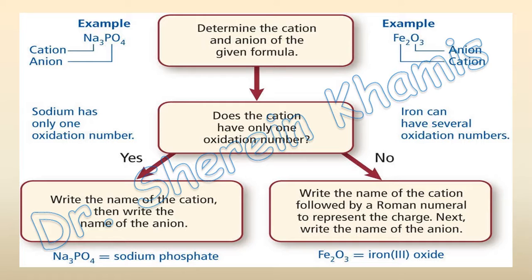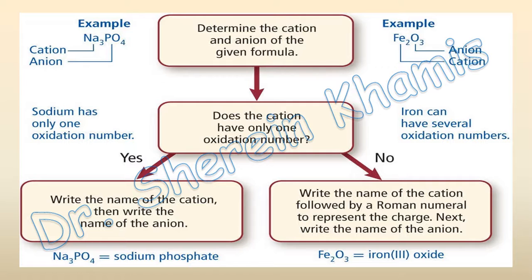So what happened to it? Iron has several oxidation numbers, but its chemical formula will be Fe2O3. What happened to it when writing it as a cation and anion? Okay, there is no problem here in the formula, but we can't read it. We have to write the name of the cation followed by the Roman numeral to represent the charge.